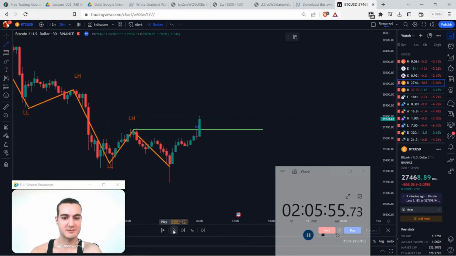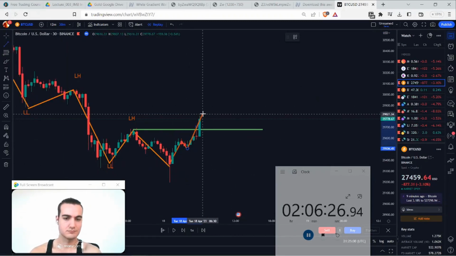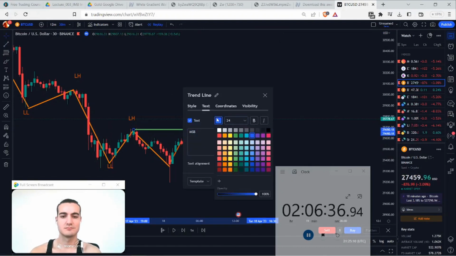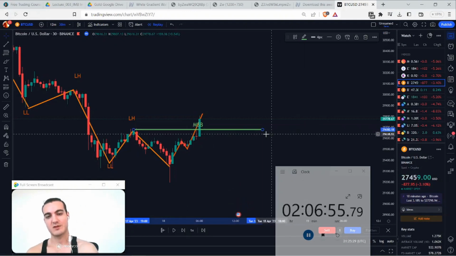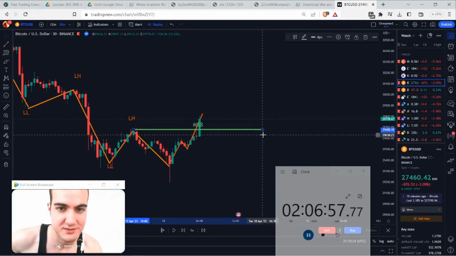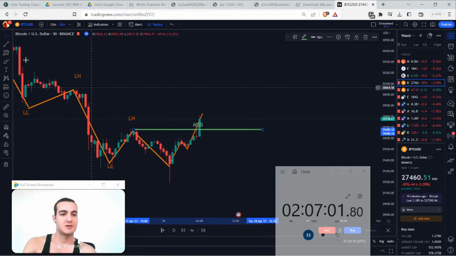Oh, look at that. That's good. So this would kind of be the consolidation type market structure break. That's what it turns into. So where would we put the order block?